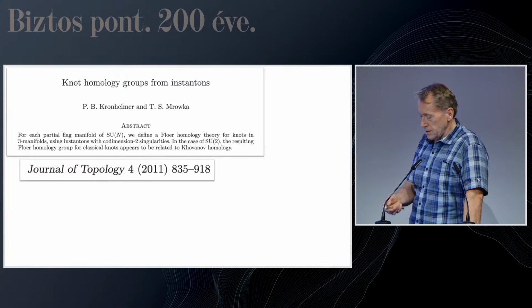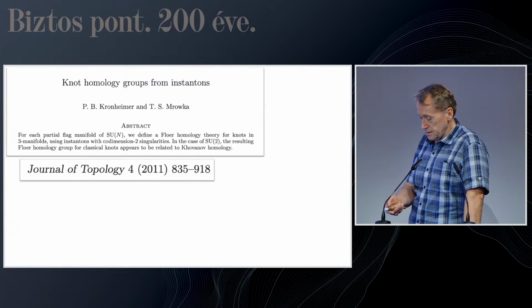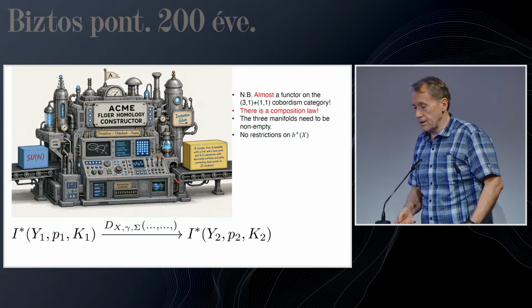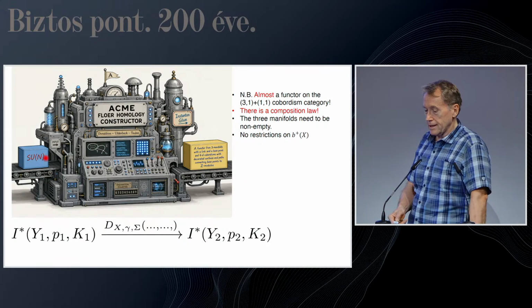And then there was an instanton Floer homology group, using instantons that are singular in codimension 2. And now you have a bigger, fancier machine, which can take an SU(N) and give you a functor.